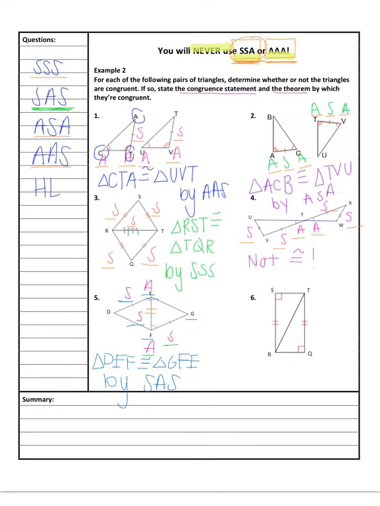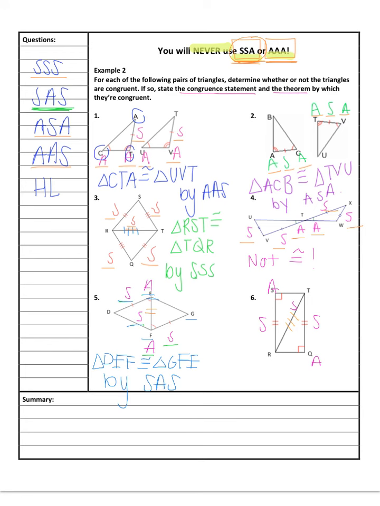All right, and our very last one that we have going on here, I notice my side marks first. So RS is congruent to TQ. I notice that I have a pair of angles, and I'm stopping and saying, okay, that's not enough. It's only 2, but wait a second. Those triangles are in fact touching. They have a reflexive side here, so that would get me my 3rd piece of information.